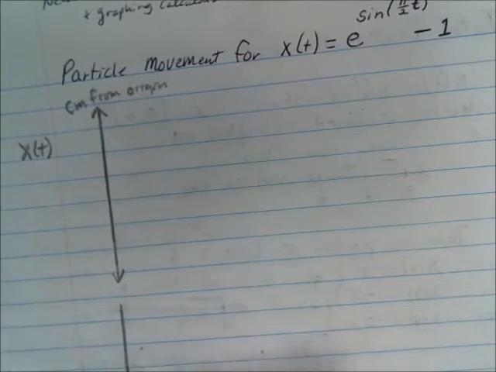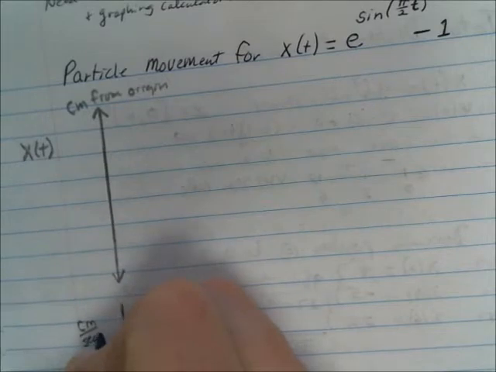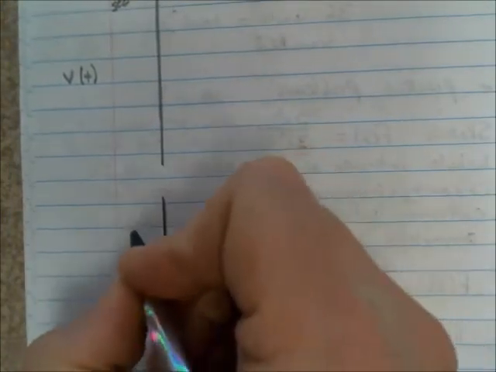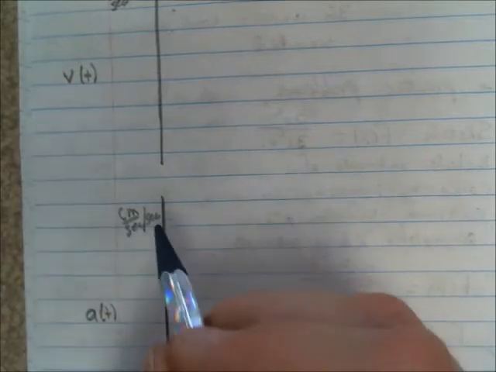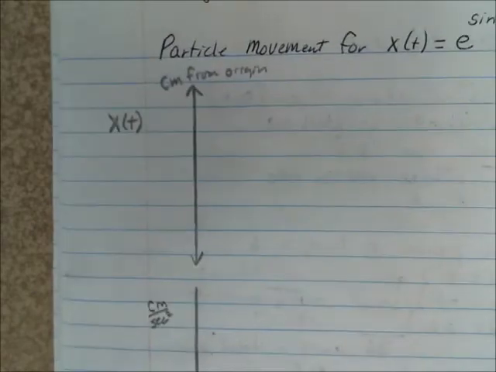This second y-axis is going to represent v of t, and that's the velocity in centimeters per second. And then the last one is going to represent your acceleration, a of t, and that's going to be in centimeters per second per second. A lot of teachers call this centimeters per second squared, but it's really more appropriate to call it centimeters per second per second. So those are all the y-axes, all lined up perfectly above each other.